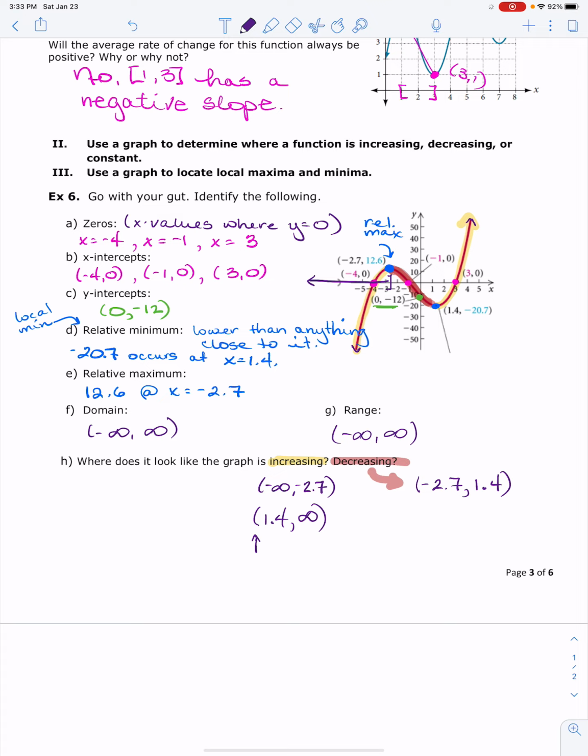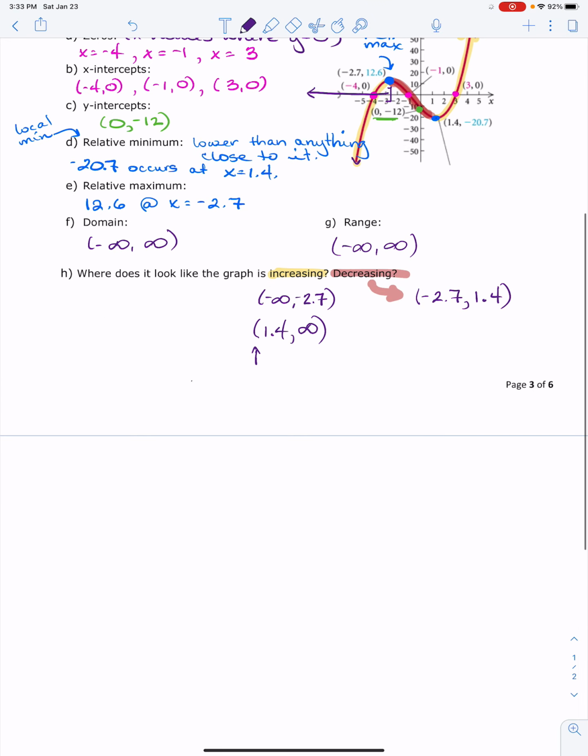Notice the parentheses on the end. We could not use an endpoint and have it decreasing to one side and increasing to the other. So when we are talking about increasing and decreasing, the endpoints are not included.